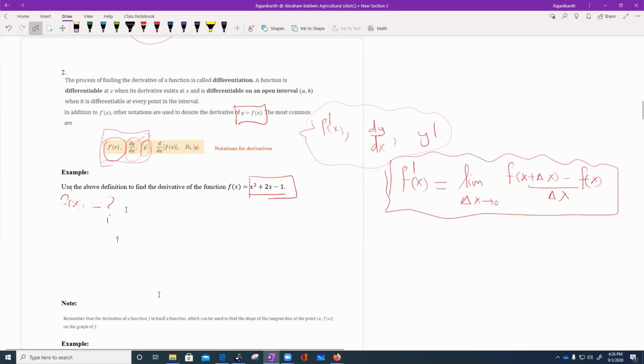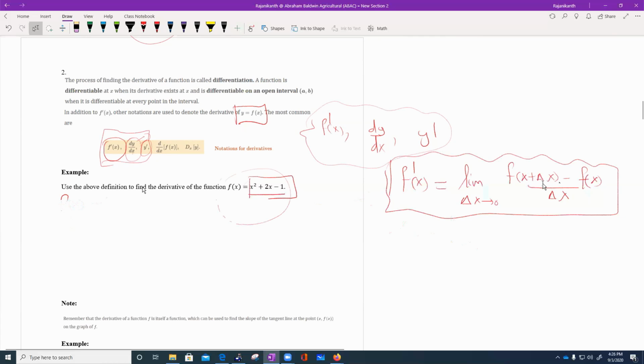Okay, simply I am using the limit formula. So you know f of x now. You need to figure out, I write it here, this equals the limit as delta x goes to 0. So let us find out f of x plus delta x.